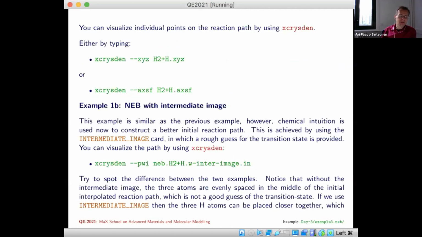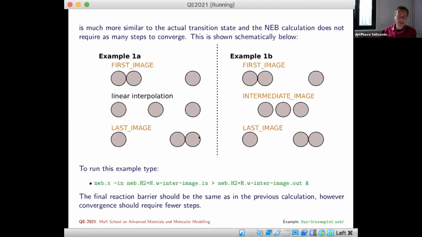The second one is a kind of numerical exercise. This is now using the intermediate image. If you use this chemical intuition, we can imagine that in the real reaction, the hydrogens don't want to stay where they are all the time. This is the initial configuration that you will get using just the linear interpolation.